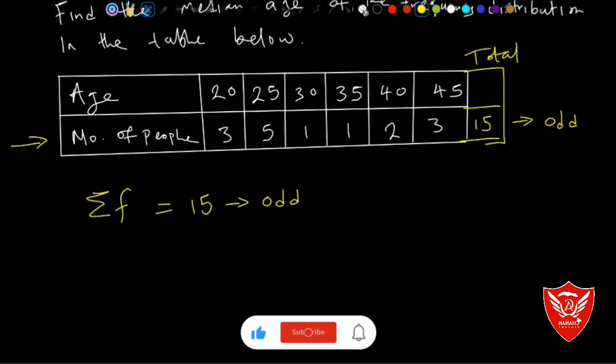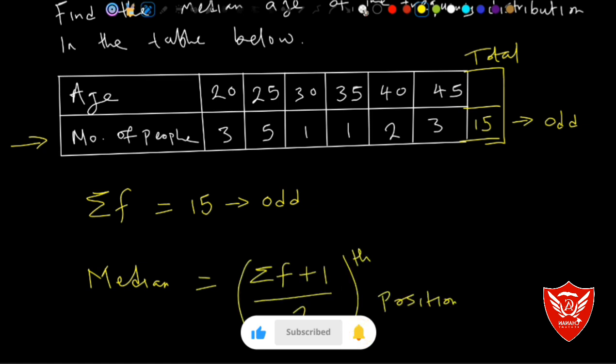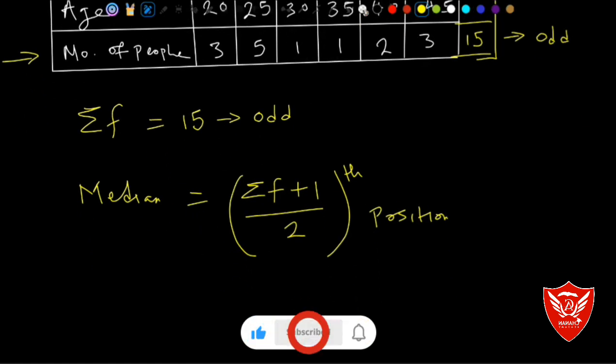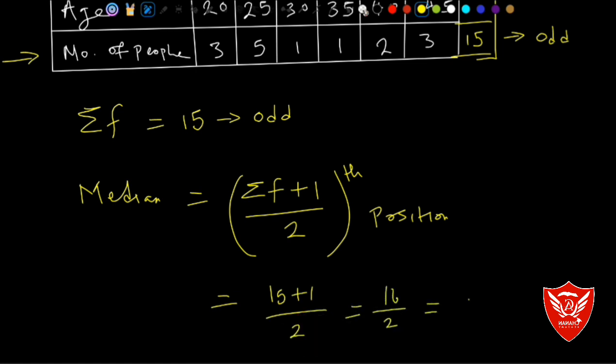And the formula says for summation of f being an odd number, the median is 15 plus 1 over 2. This is 16 over 2, and this is going to give us the 8th position. So the value occupying the 8th position is our median.